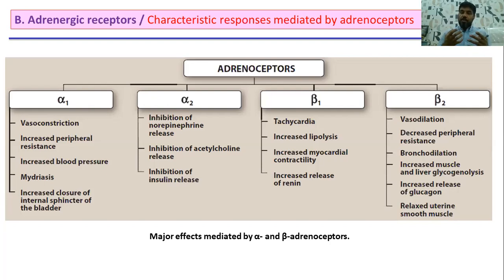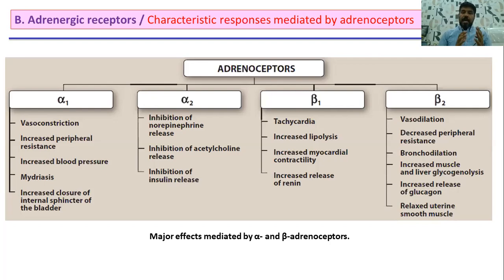So vasoconstriction of blood vessels can increase peripheral resistance and can increase the blood pressure. Also, binding to alpha 1 receptor in your eye can cause mydriasis, and also can increase the closure of the internal sphincter of the bladder.